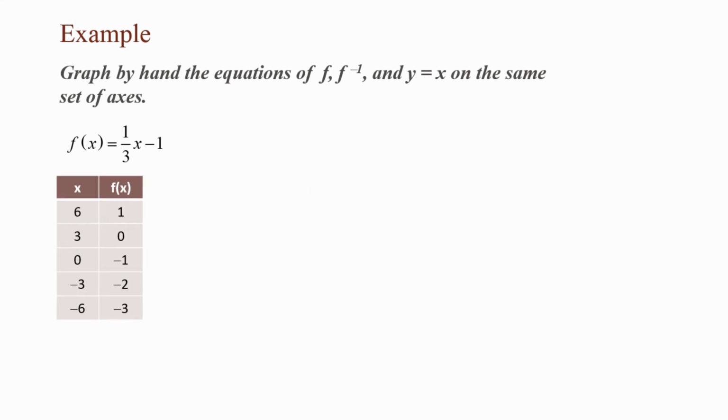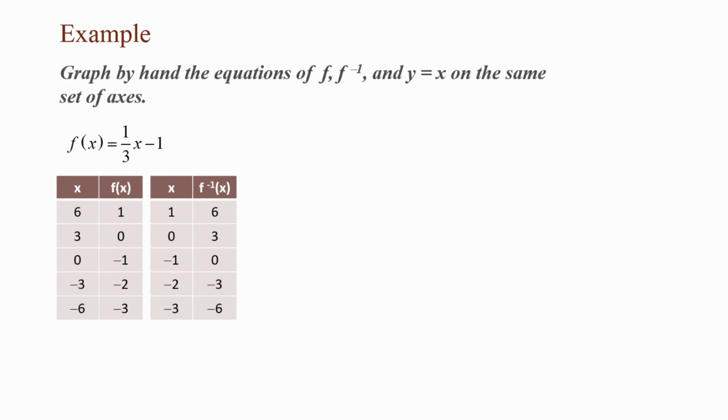To find my inverse function, what I want to do is take my values from f of x and put those in the x position, take my values from x and put them in the f inverse of x position. So my first ordered pair becomes (1, 6), then (0, 3), (-1, 0), (-2, -3), and (-3, -6).